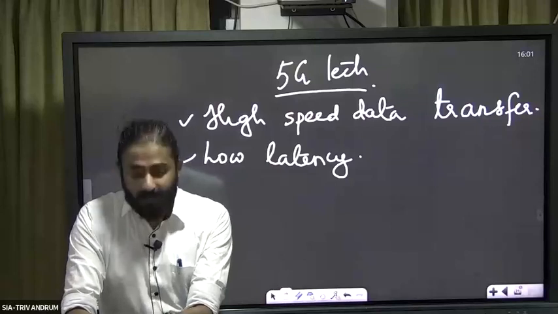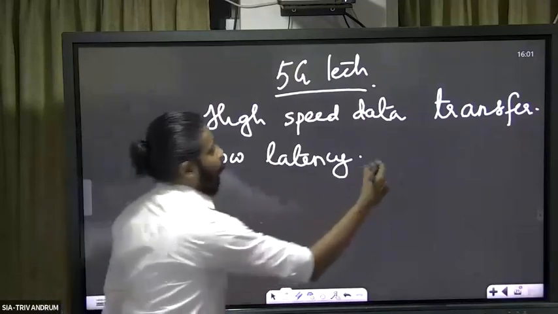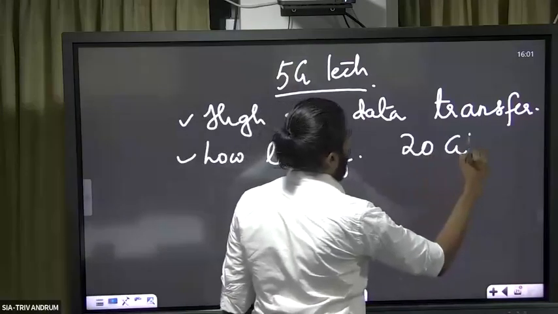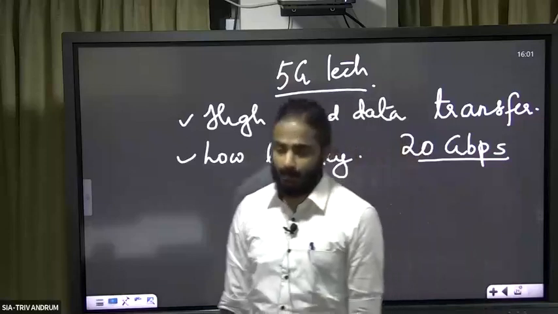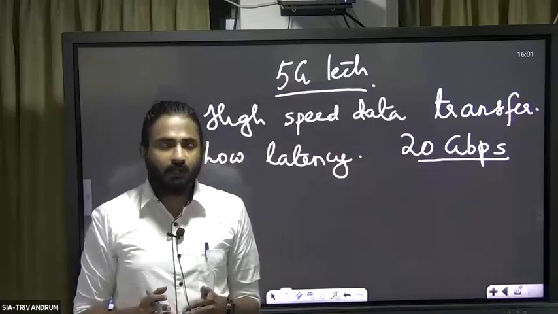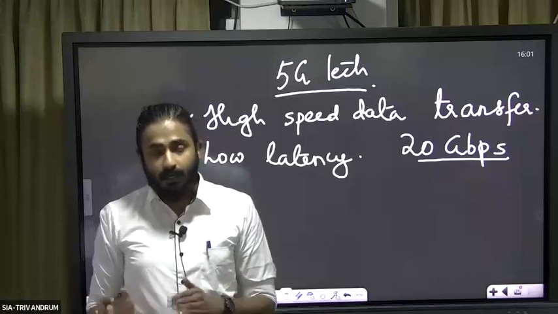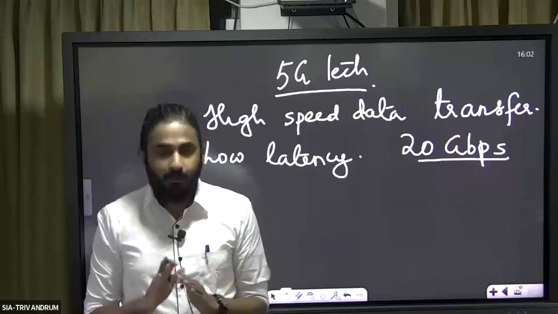So this 5th generation can achieve an internet speed of up to 20 Gbps. So for 4G, the maximum speed which we could achieve was 1 Gbps. In case of 5G, we can increase it up to 20 Gbps.